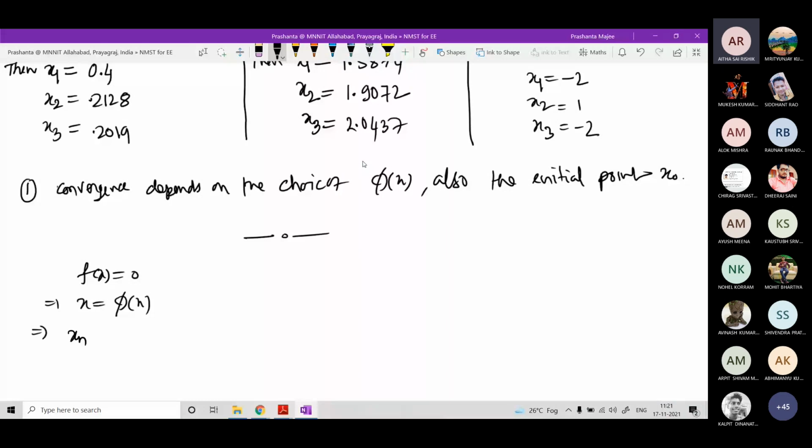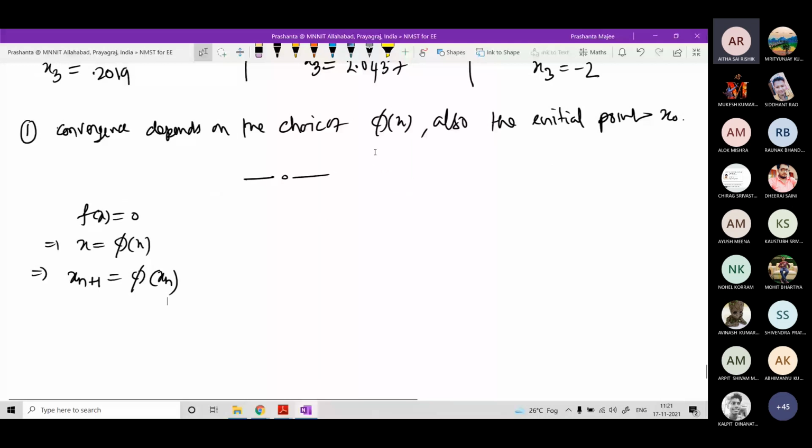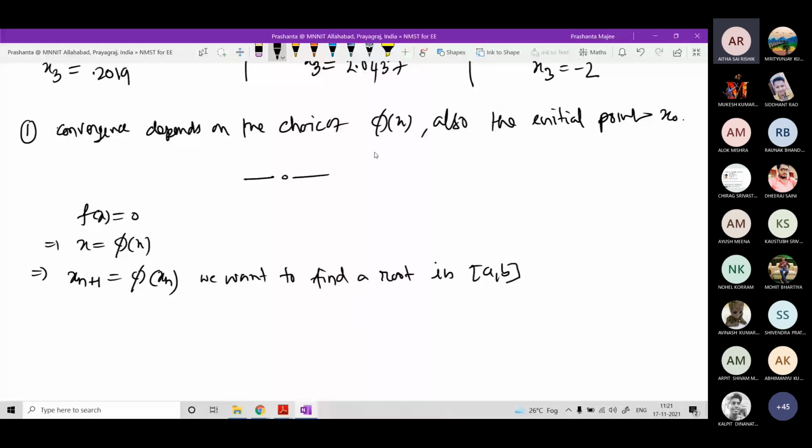Now we want to find a root in the interval a comma b. Okay, so let alpha be the exact root in the interval a comma b.